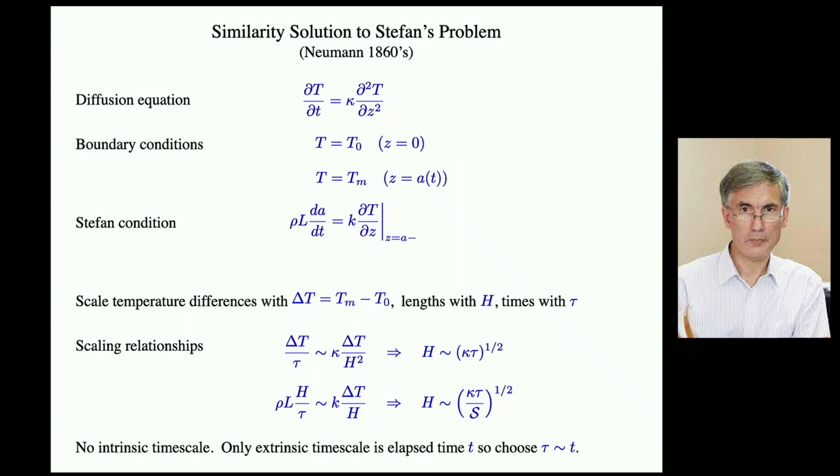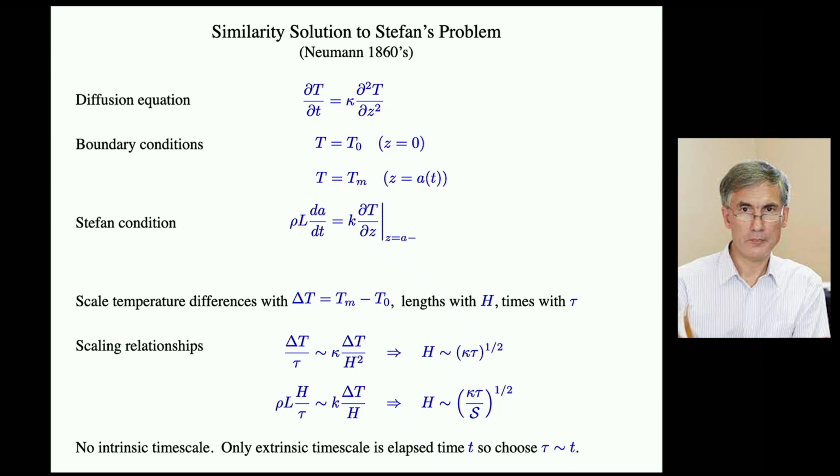In principle, there's another equation. This could set a different length and a different relationship between length and time. But if we look at it, we've got rho L characteristically H over tau as the scale for that term, and we've got the thermal conductivity K times a temperature scale over a thickness scale H. If we rearrange that, we have that H scales like kappa tau over some non-dimensional parameter S, which comes on a later slide.